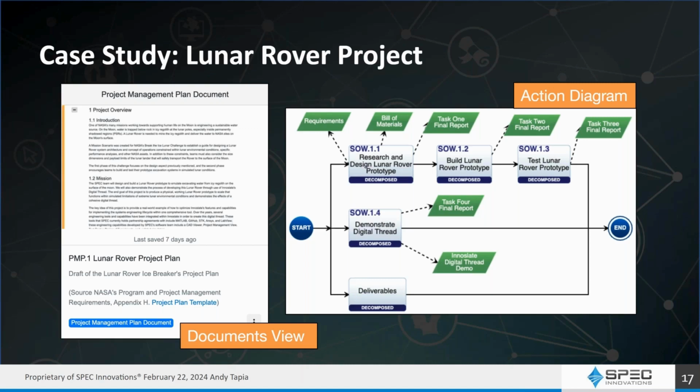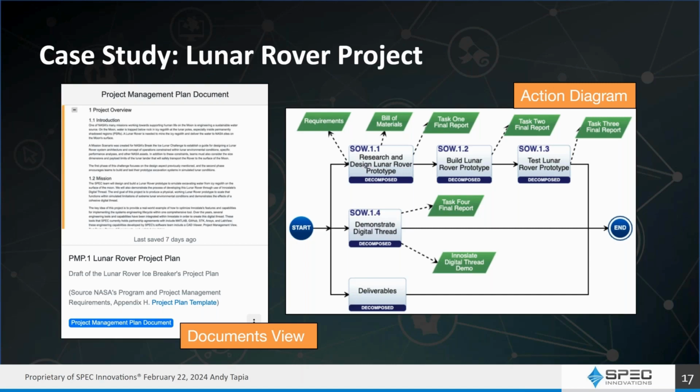We have a lot of pre-built templates for you to work with. And we also have a digital curation station that has more standards beyond that, some specialized ones. This template in particular was built using NASA's program and project management plan template, and that helped us get started pretty quick when we made this project.